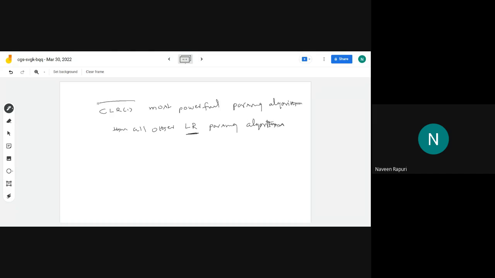Why is it more powerful? Because it accepts more grammars than other parsing algorithms.